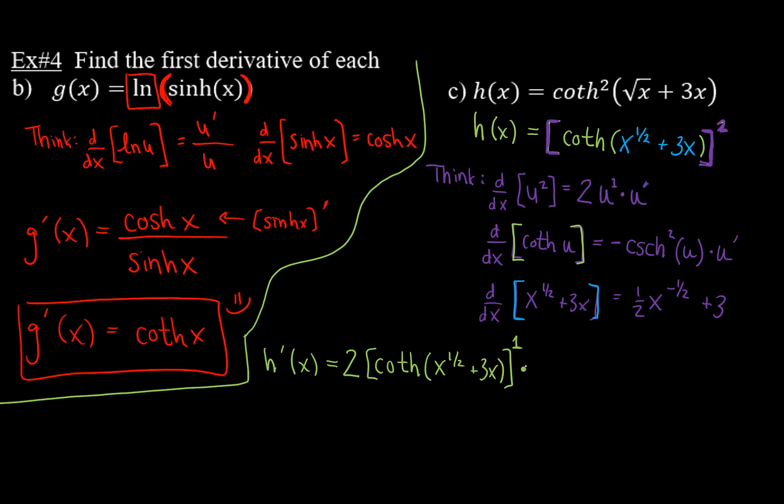And now I'm going to take the derivative of the inside. But the derivative of the inside is I have to take the derivative of the hyperbolic cotangent first. So I'm going to do that. That's going to give me negative hyperbolic cosecant squared of whatever's inside, and then times the derivative of the inside.